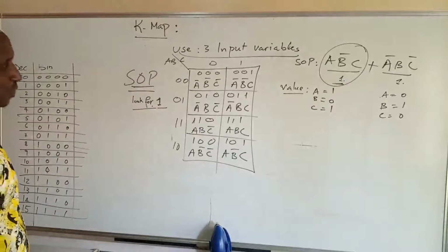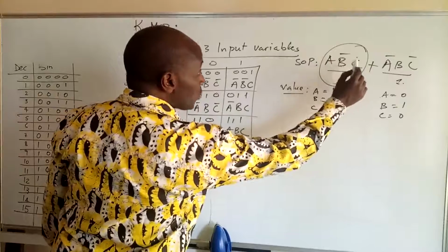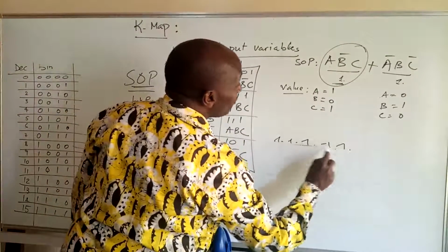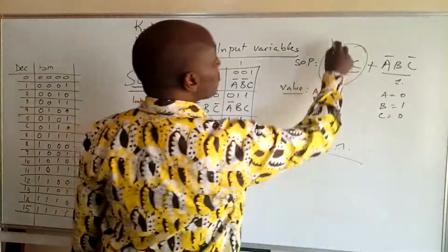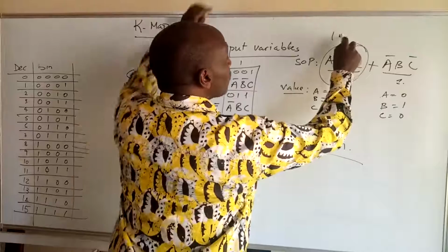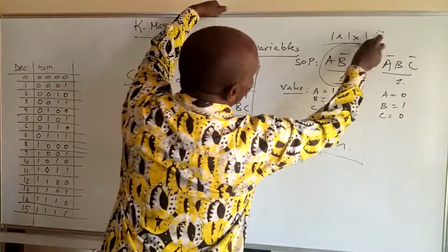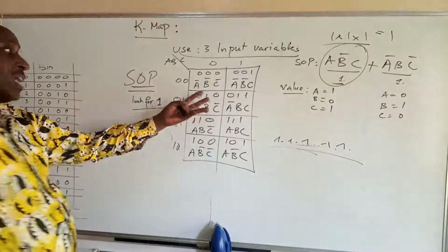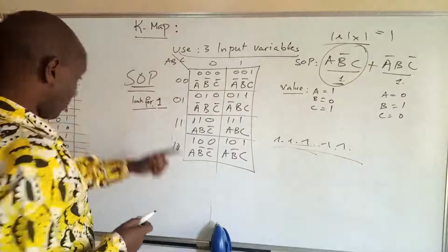And when you want it to be 1, we have to get each 1 times 1 times 1, or 1 times 1 times 1 times 1. It depends on the number of variables you have. As you have here, it should be 1 times 1 times 1, so it will be 1.